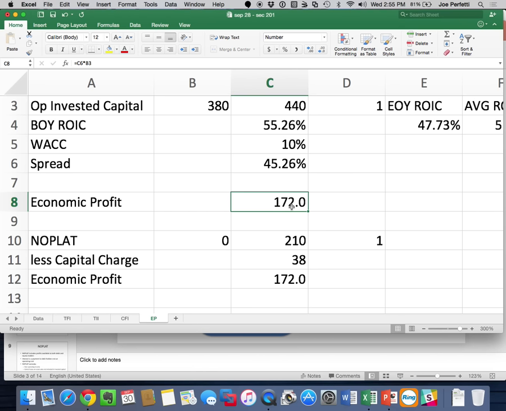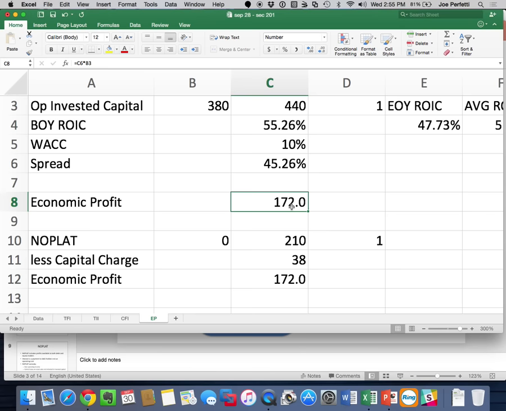Method one, straight out value the cash flows. Method two, look at how much capital we've invested and whether we've added or subtracted to the value over time. Right? Think about this. Zero spread, zero economic profit, zero NPV.